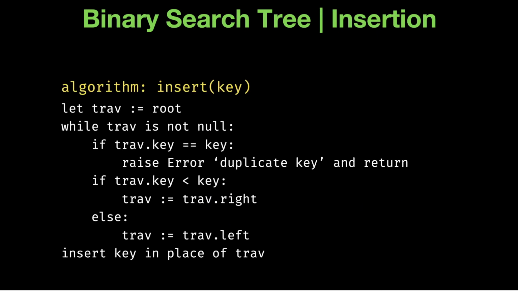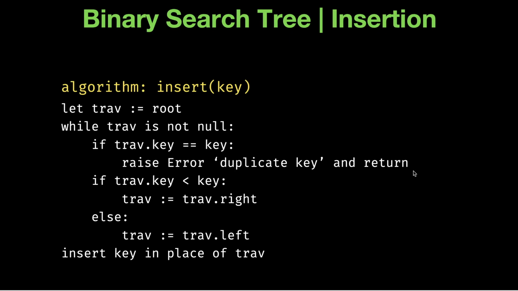Now if we see the insertion, it is quite simple too, because we will first start from the root, and then we will go downwards in the tree. If we see the key already exists in our tree, then we will raise an error called duplicate key and then return. Actually you can modify this and allow duplicate keys also.